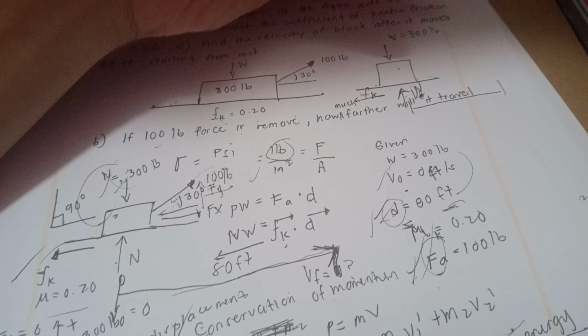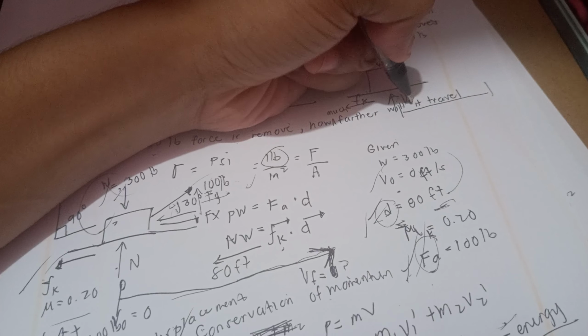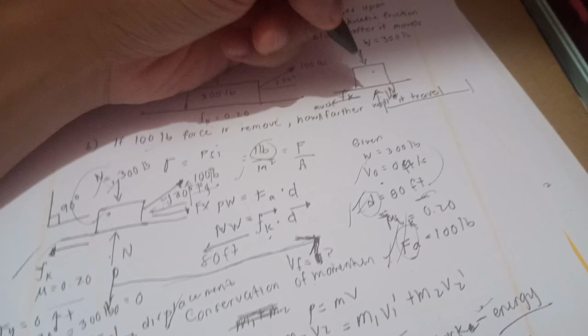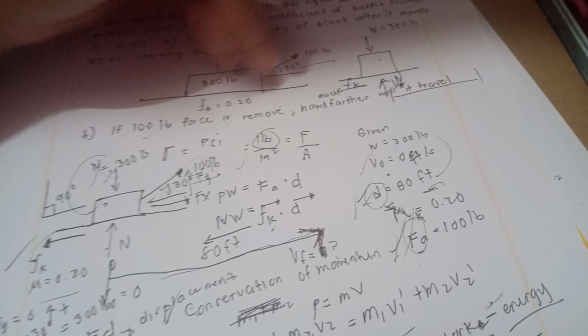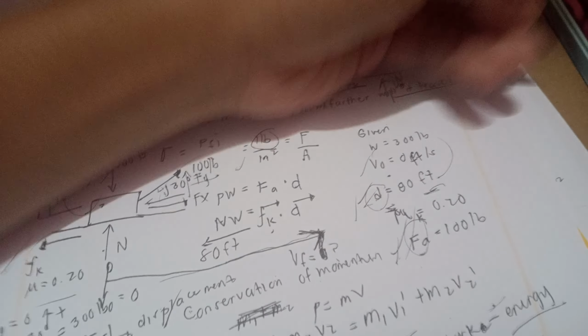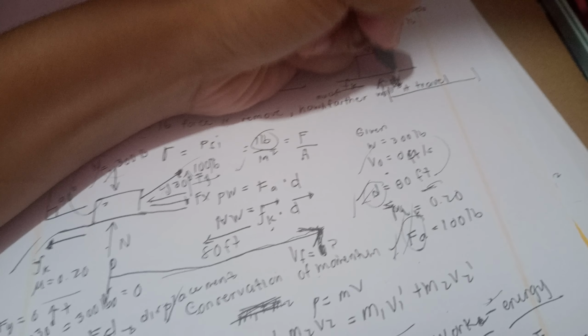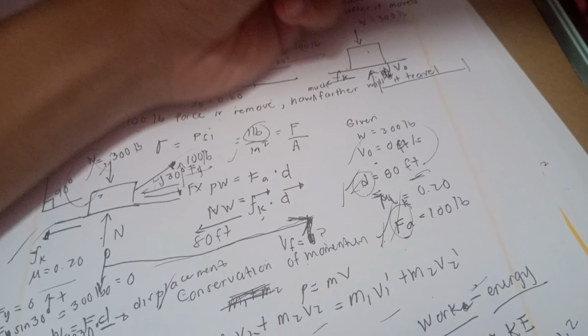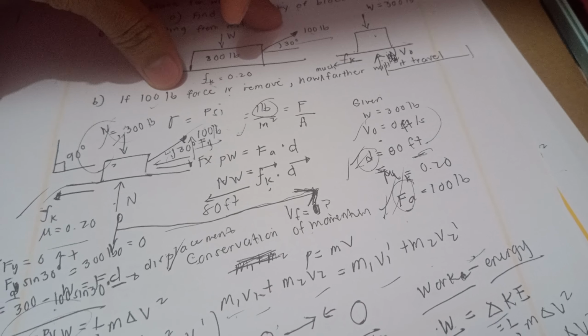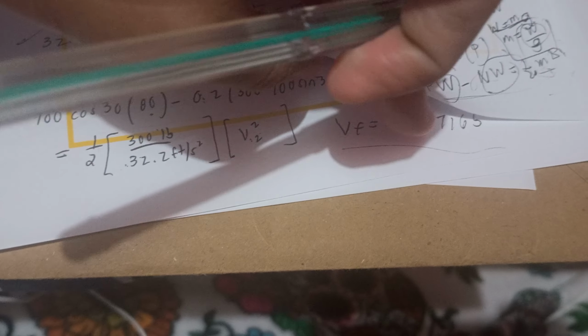Kasi wala nang tumutulak. Kung umaandar na siya, dahil tinanggal na tong 100 pound, pabagal na yan ng pabagal, kasi ito yung nagpapabilis dyan, yung 100 pounds. So, ano yung initial velocity natin? Yun yung final velocity na nakuha natin dito nung may tulak pa.